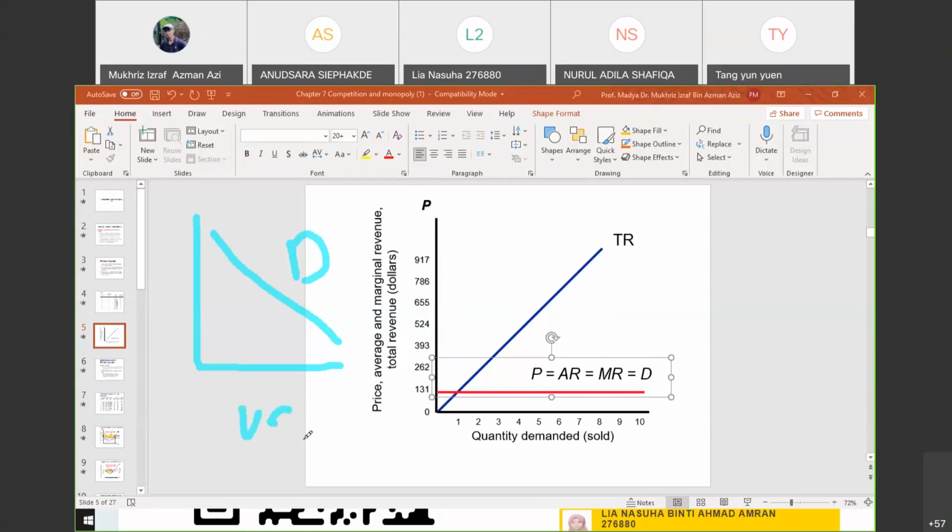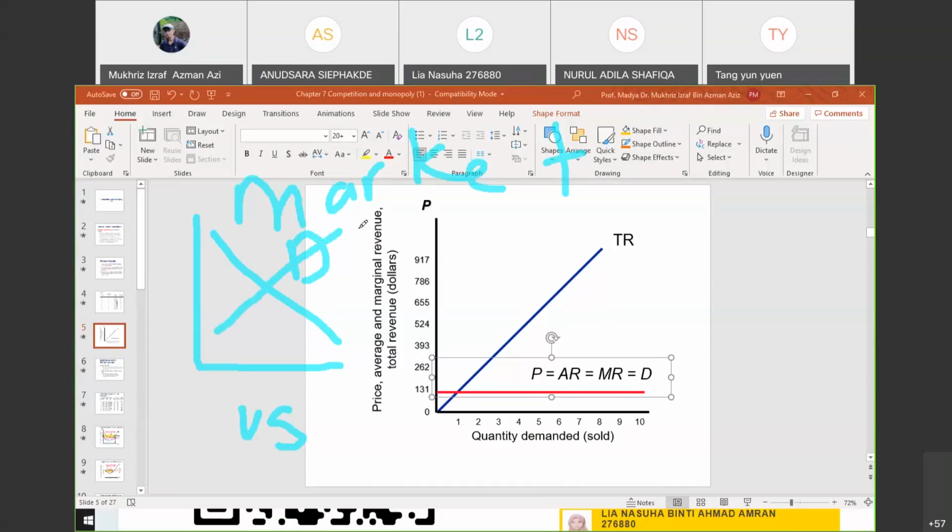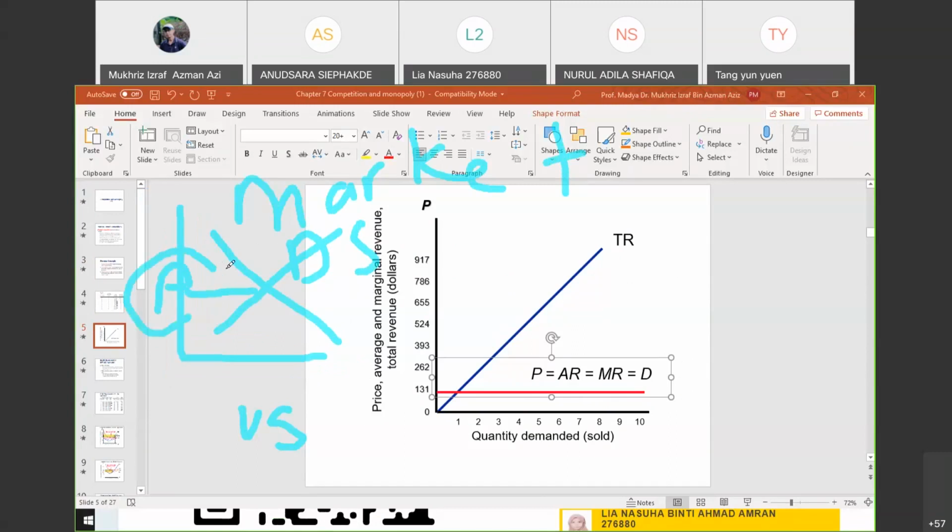The downward sloping one is for the whole market. If you take the whole market in general, the demand curve for that particular product will still be downward sloping. When there is market supply and market demand, when the two graphs intersect, you will get the market price.